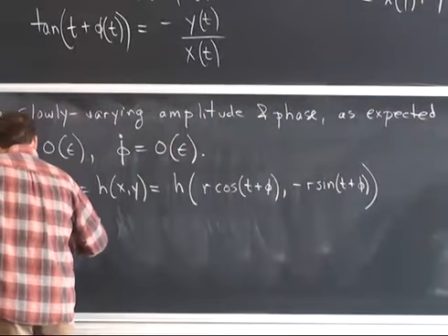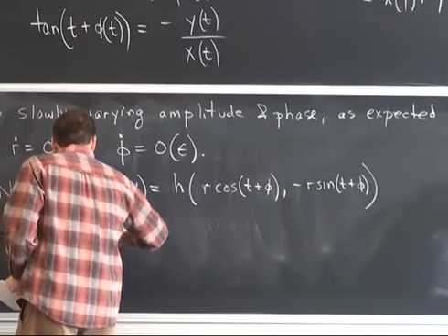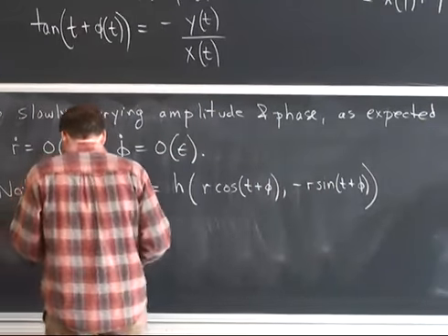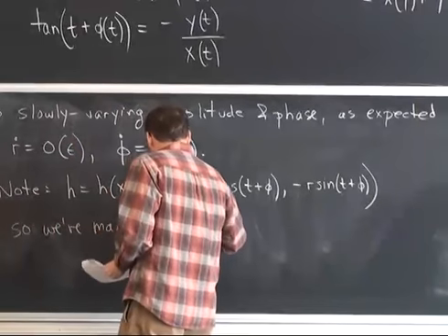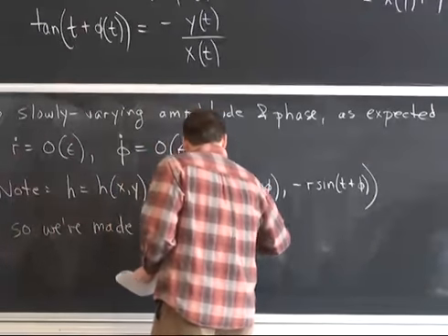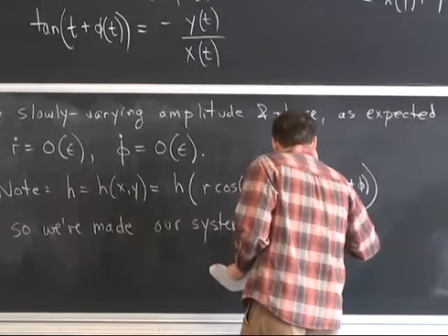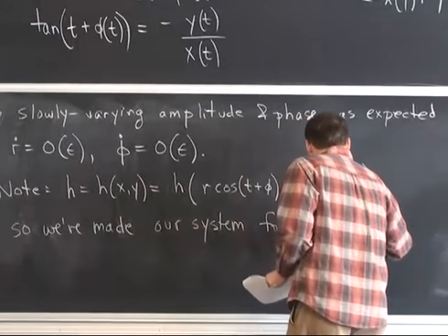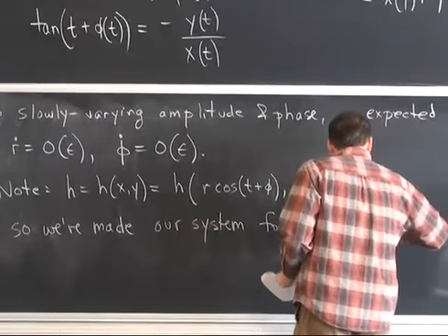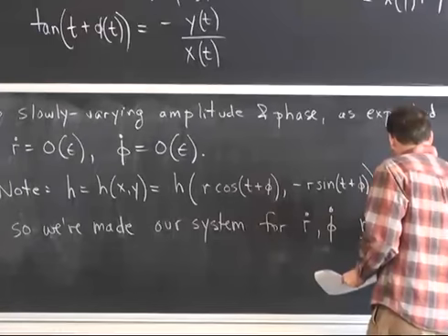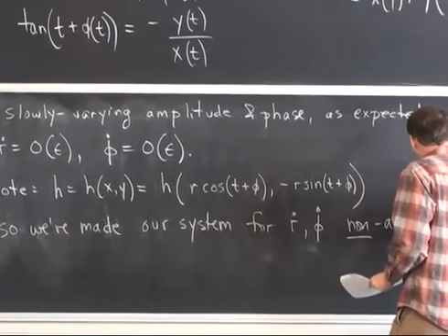So we've made our system non-autonomous. That is our system for r dot and phi dot. Non-autonomous, that is to say, explicitly time-dependent.